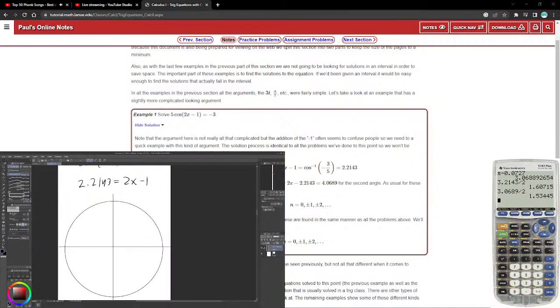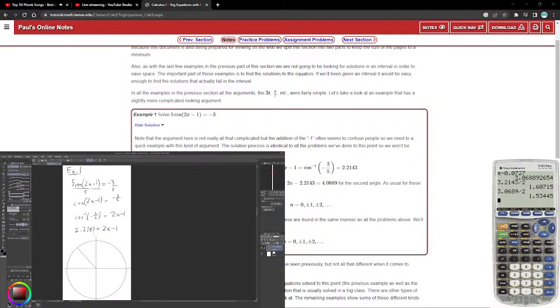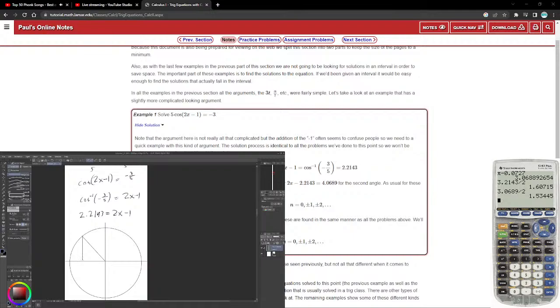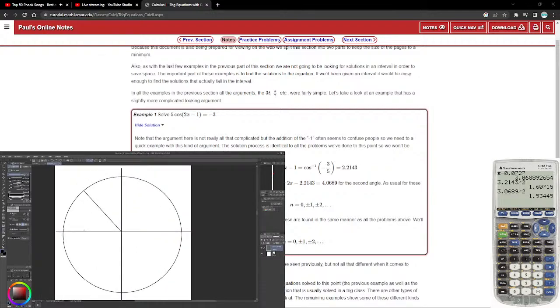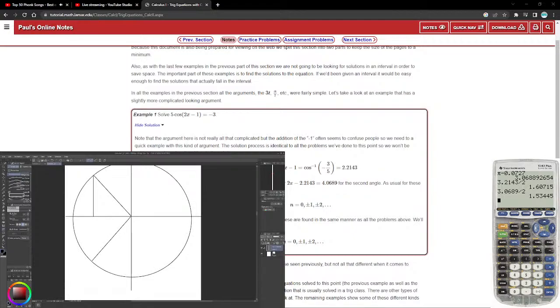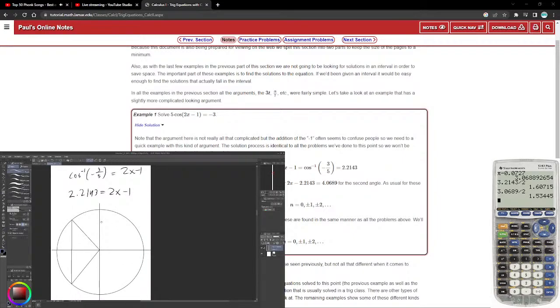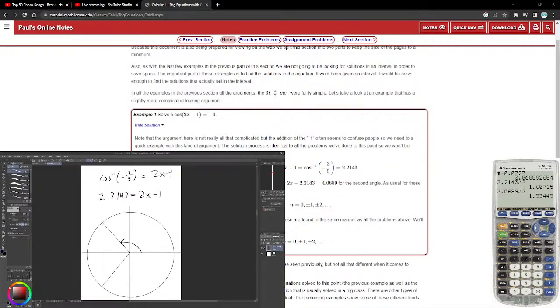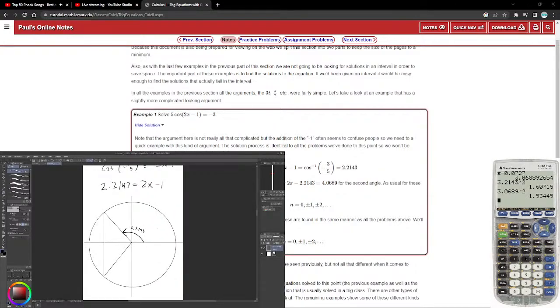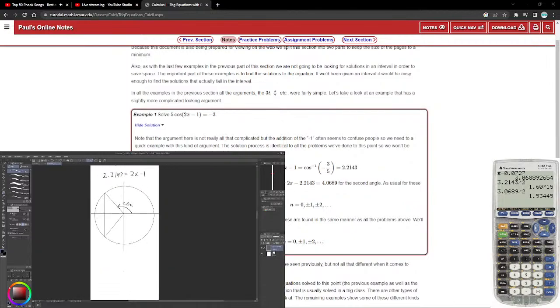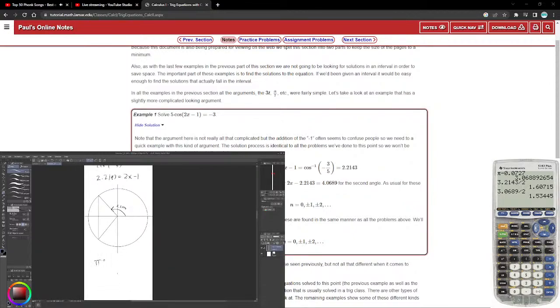So yeah, this is in the second quadrant. Cos is also negative down here. Same thing applies. So this is 2.2143. So if we take pi plus 2.2143, should get the other angle.